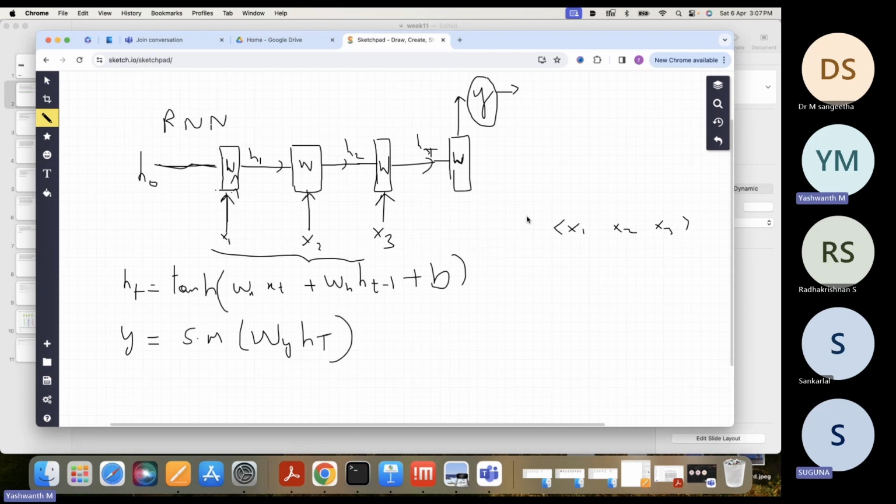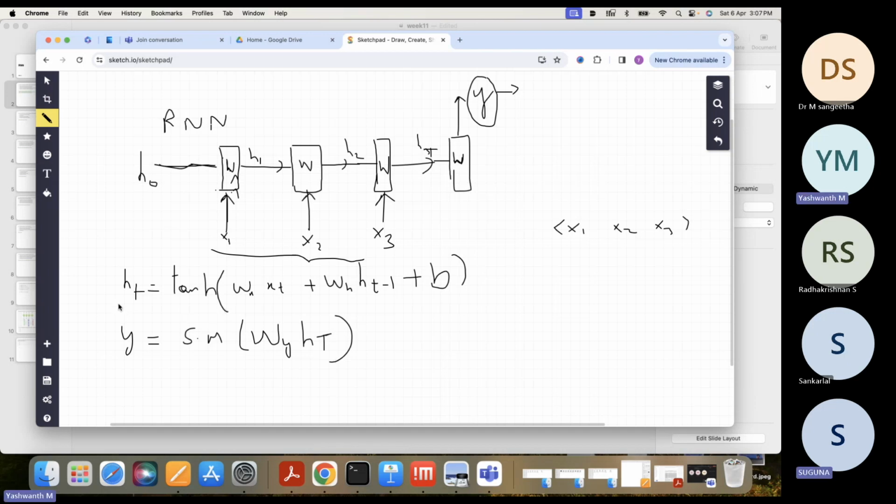I just pointed out one application here, so don't get confused that RNN is used only for these kinds of things. It is a general thing. People use it for time series forecasting, and a lot of things. Anywhere there is sequential data, RNN can be used.